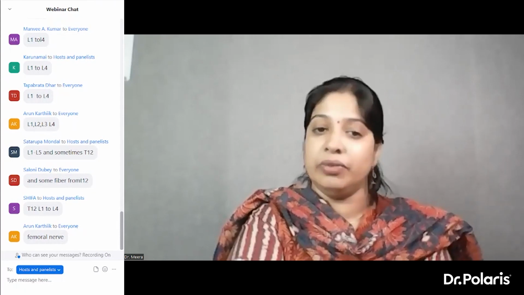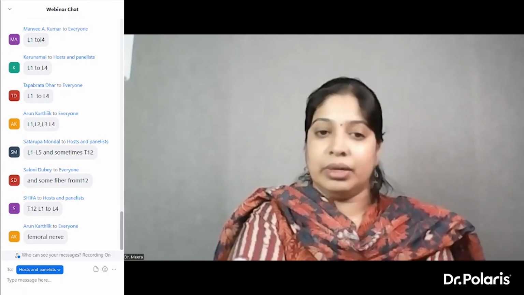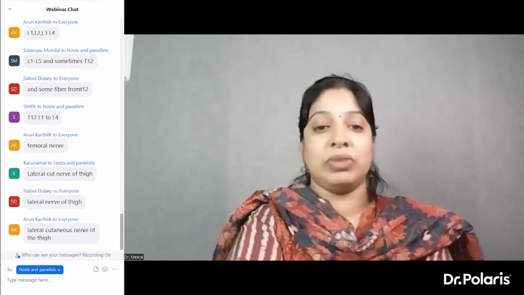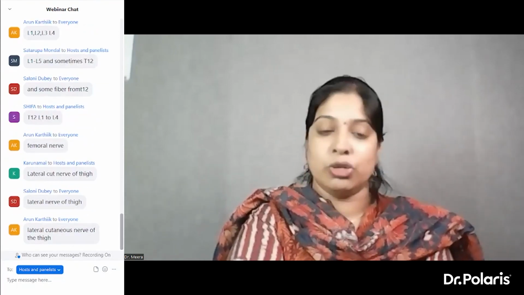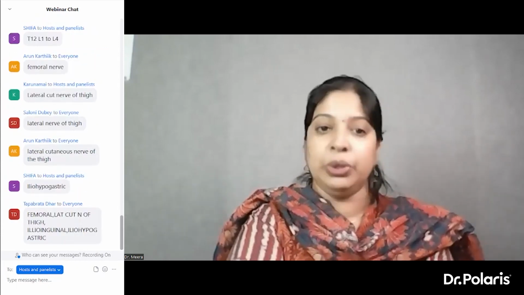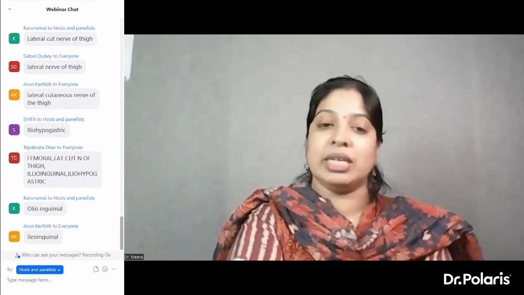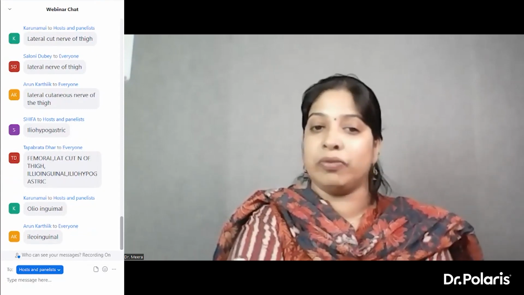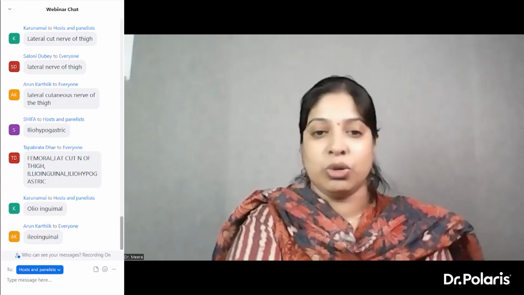The lowermost one is the femoral nerve, the thickest, correct, Arun? The next one, lateral cutaneous nerve of the thigh. Very good, that is also correct. The second nerve just above the femoral nerve. Then we have ilioinguinal and iliohypogastric. Very good. So all the 4 nerves which are lateral to the psoas major, you have got right. So my third point is also done.